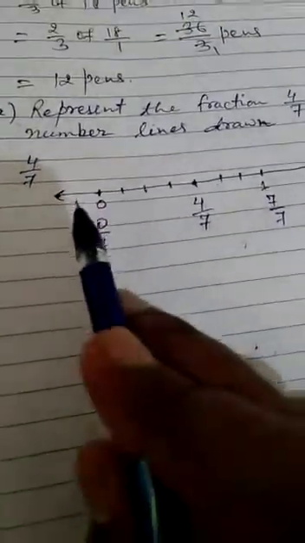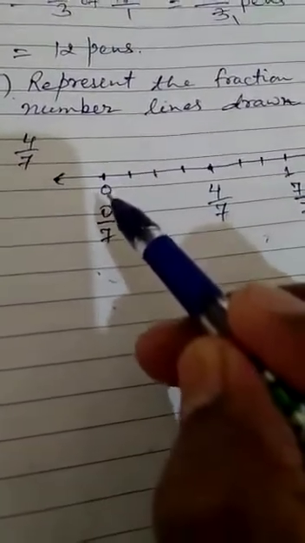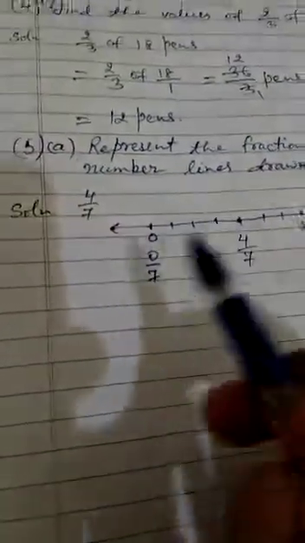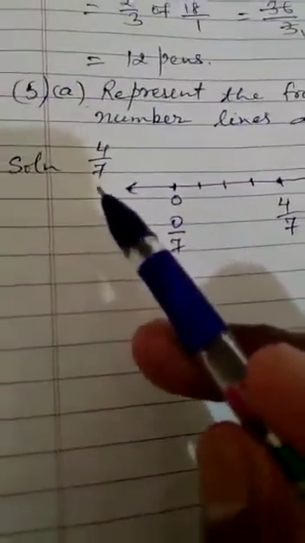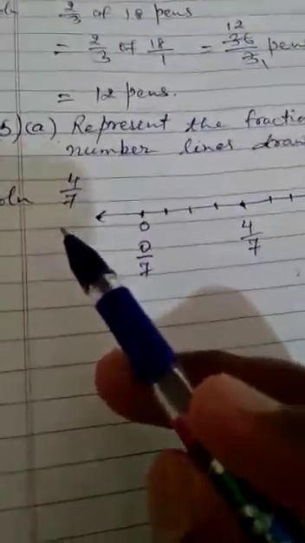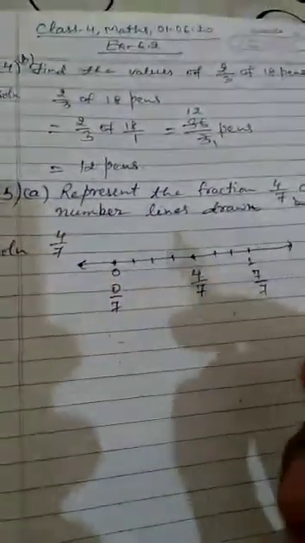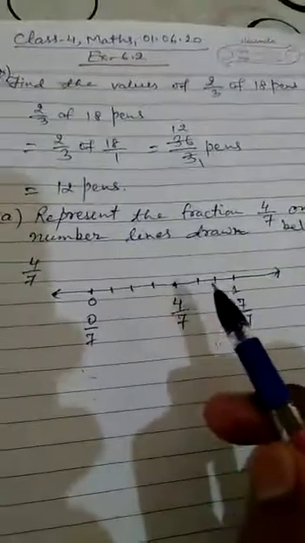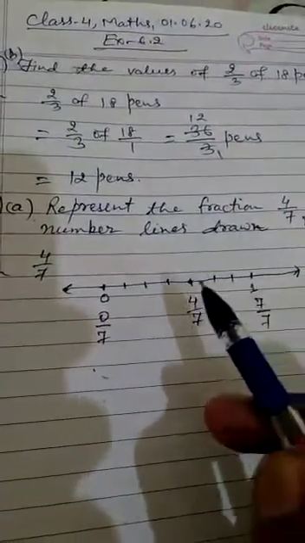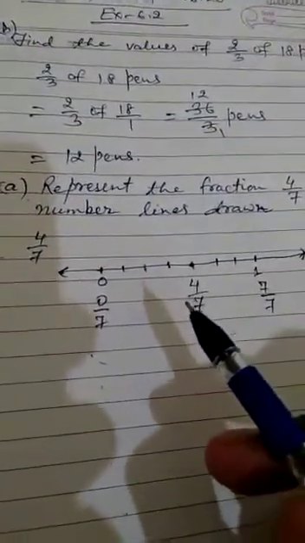Now on the number line we will write 0 and 1. Now in between 0 and 1, what will we do? Here you see in 4/7 the denominator is 7. So we will divide 0 to 1 into 7 equal parts.